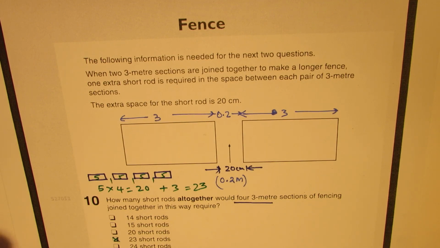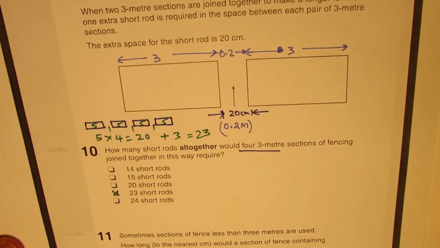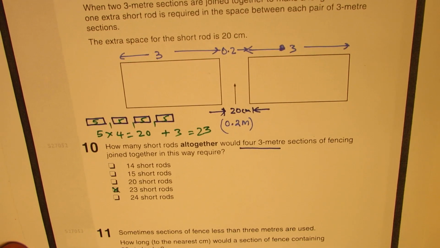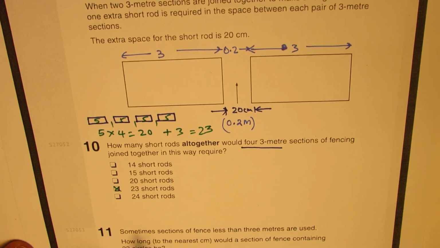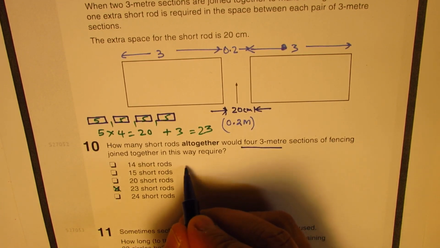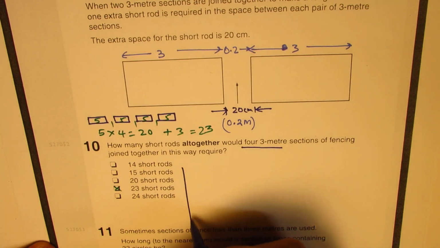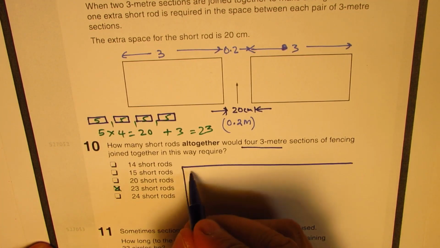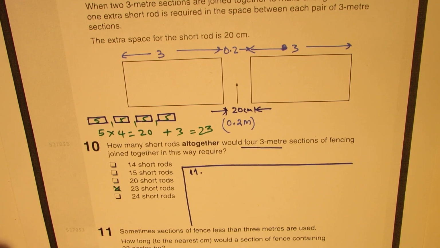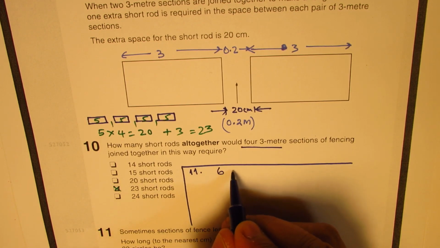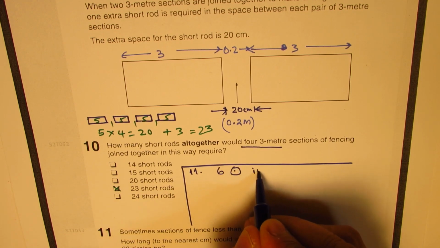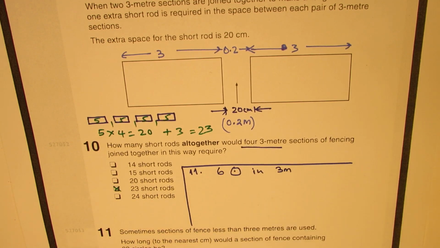So let's work on this now. So I'll just push this a bit forward. We have a very limited area to work. So now we're trying to solve question number 11 in this space, okay? Now we have 33 circles. We need 6 circles in 3 meters, correct?